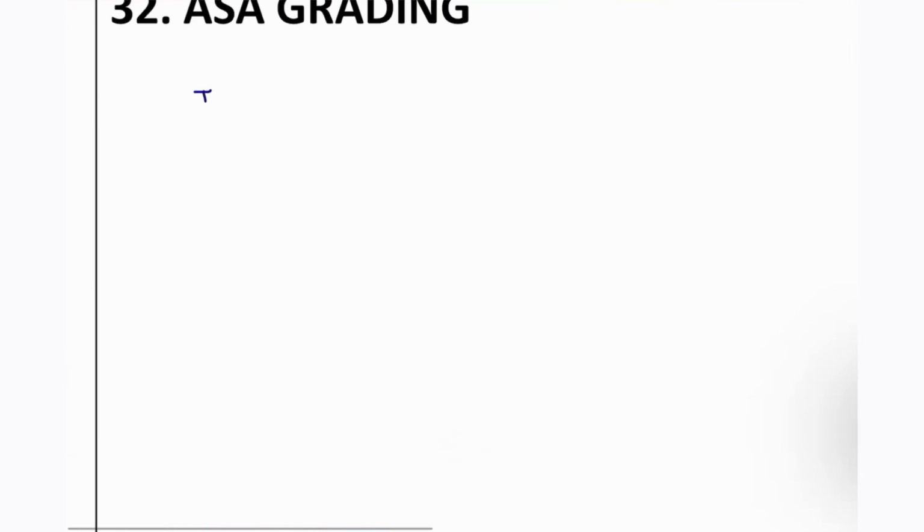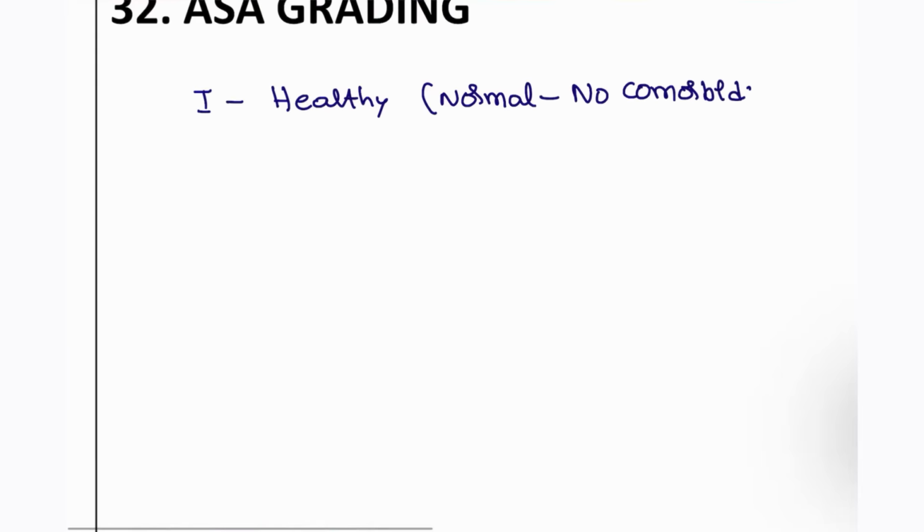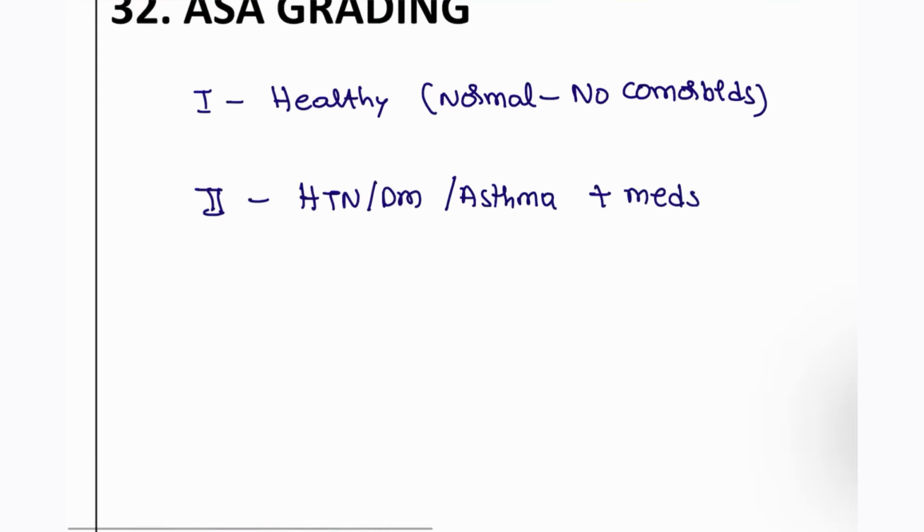First, this patient is healthy, normal, no comorbidities. Next, grade 2, only comorbidities present such as diabetes mellitus, hypertension, asthma, plus they are on controlled medication that the patient is taking.